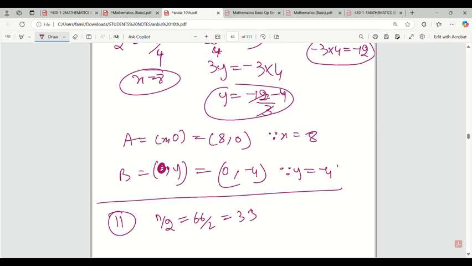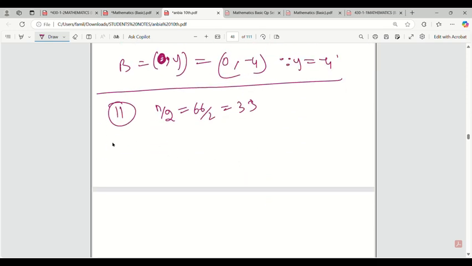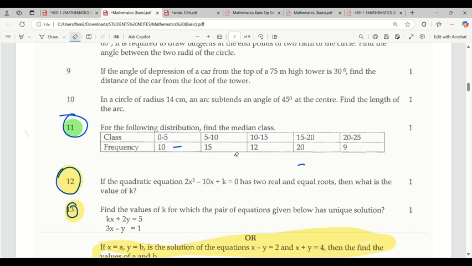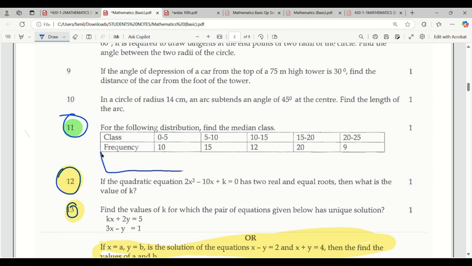Now next thing, try to solve the cumulative frequency. I just forgot to make the cumulative frequency box. See, I'm making the cumulative frequency box directly. We'll make the cumulative frequency here only.